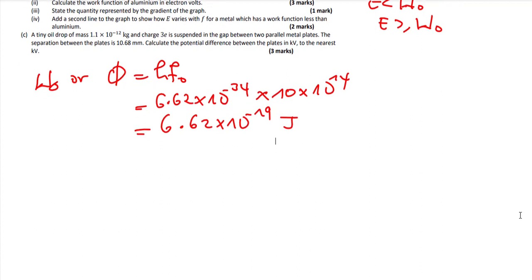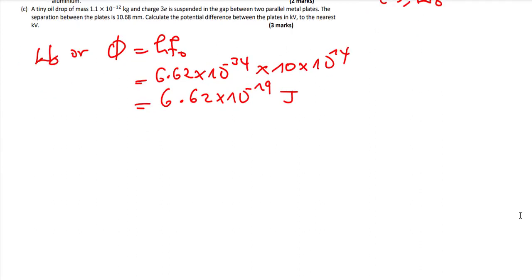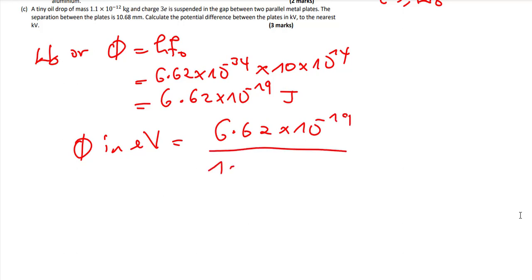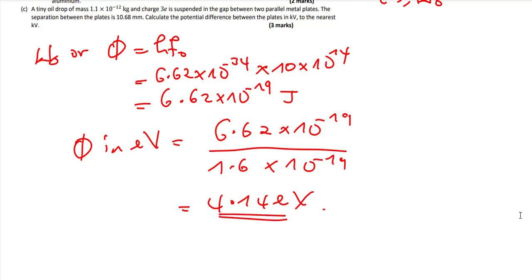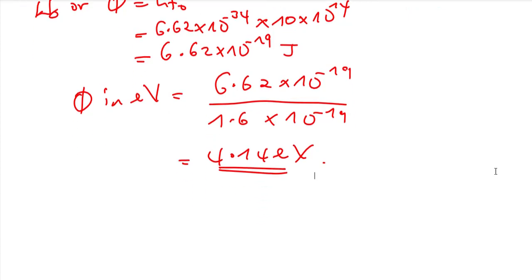Now, to convert this to electron volts, we divide by the charge, 1.6 times 10 to the negative 19. So 6.62 divided by 1.6 gives approximately 4.14 electron volts. So that's the work function of our metal in electron volts.